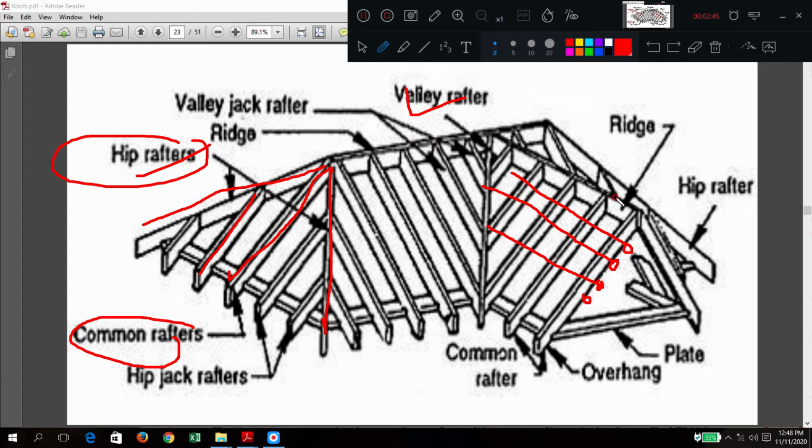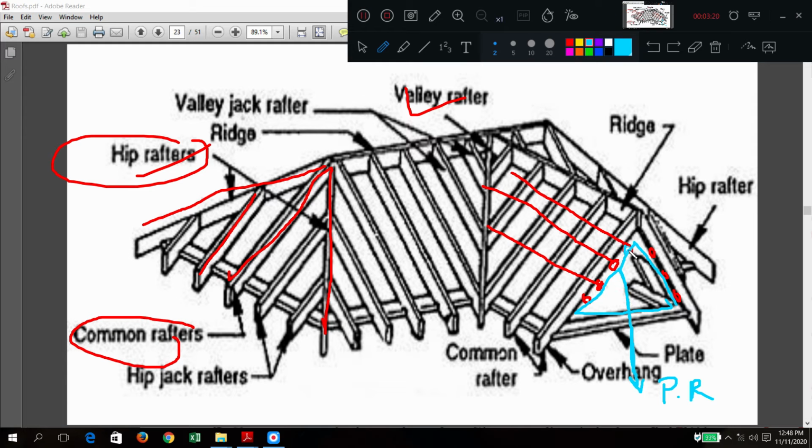Now one more thing. Here also common rafters will come. The purlins are resting on one more member, which is called a truss. I am trying to draw all three things together so that you understand easily. Inside there is a truss member, and this member is called the principal rafter, which is innermost.